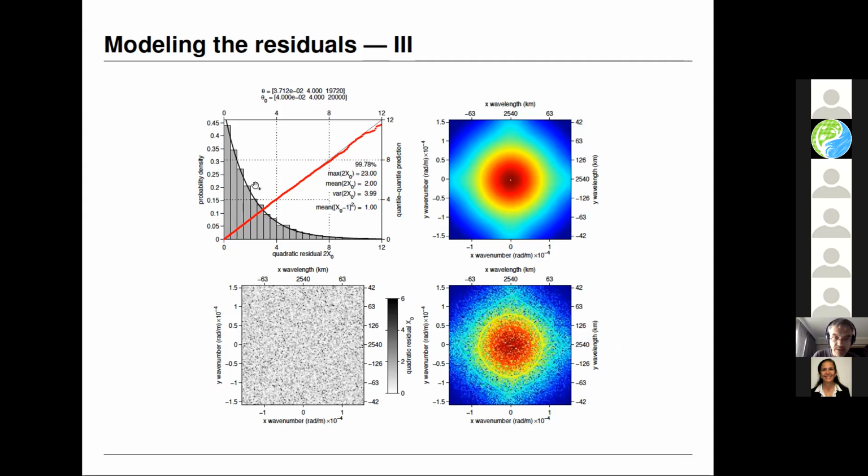The chi-square/2 distribution here, that's the distribution of the numbers in the bottom left, is shown in this histogram with the modeled distribution, which in this case perfectly fits. This is a pure synthetic. And then the red line is a QQ plot of the values in this plot, and the number S squared of X that I talked about, which here I write as the mean of (X minus 1) squared.